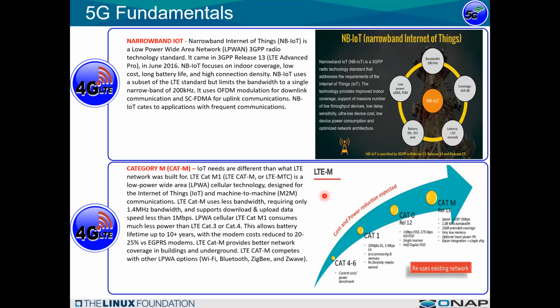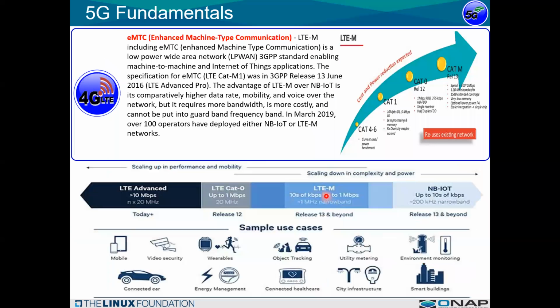You don't want devices that are trying to connect to the internet to constantly recharge. Maybe they're just running on batteries, and the rule of thumb is you want that thing to last 10 years on 2 AA batteries. So you don't want it to constantly communicate to the network, but only when it needs to and at much lower data rates, and that's what Category M is set up for.